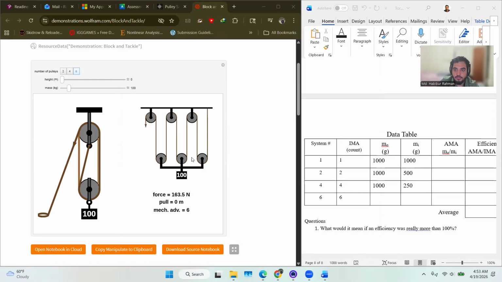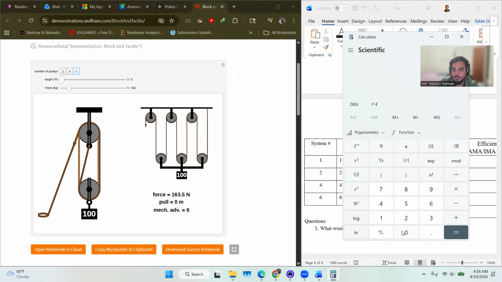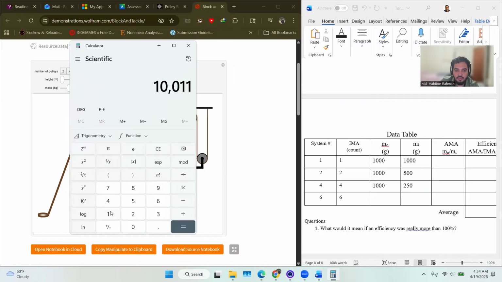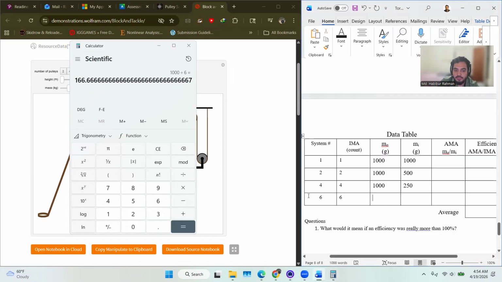Calculate 1000 by 6. So 160, so 1000, 167.